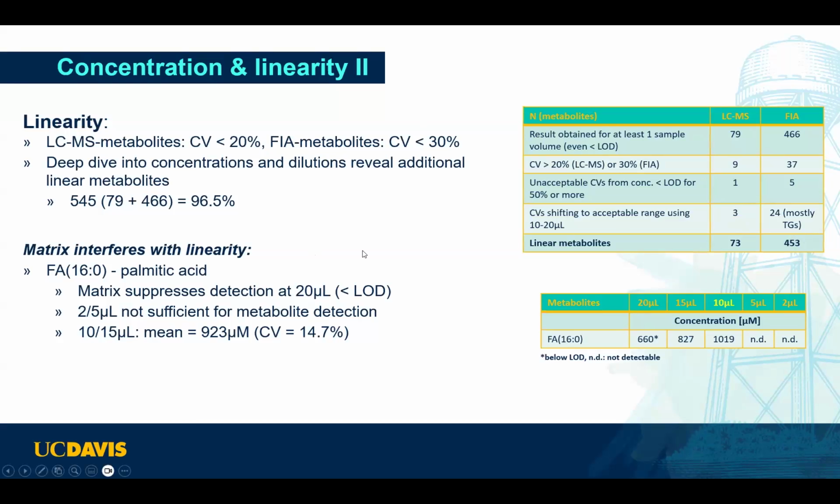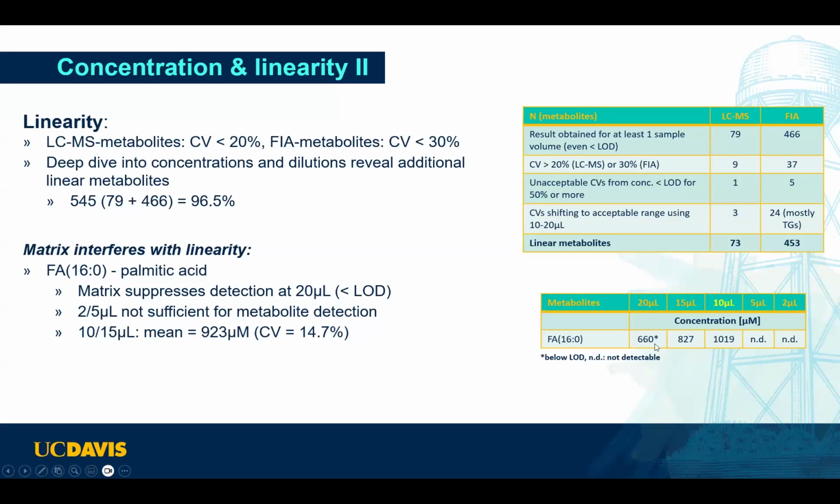I also want to point out matrix interferences we noticed. One example is palmitic acid, which is one of the main free fatty acids in milk as well. You can see the data we got here. At the low end, we don't even get any results. At the high end, we have a number, but it is not reliable as it is below the LOD. And then we have 2 valid numbers up here.